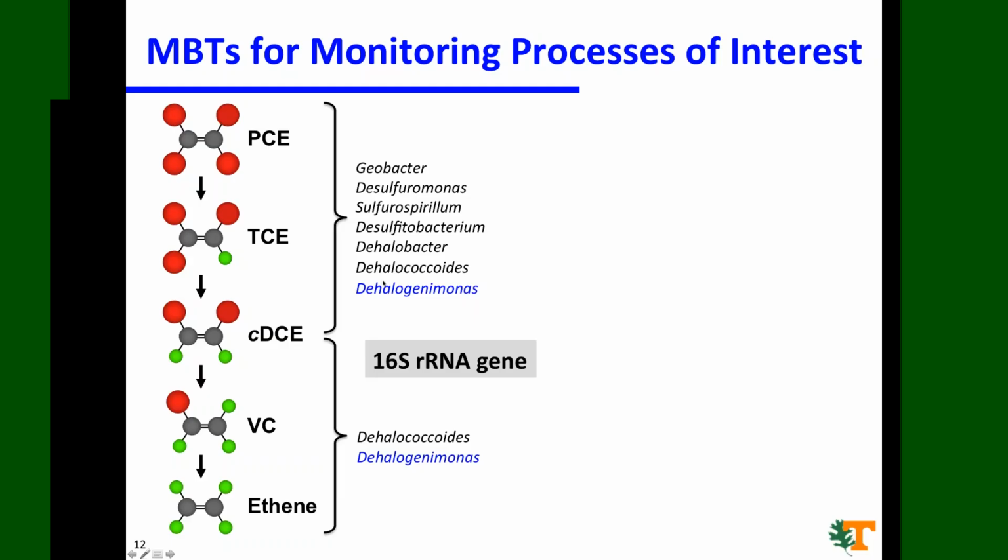We have now also found that organisms that belong to the genus Dehalogenimonas can degrade cis-DCE and vinyl chloride to ethene. So the common belief to date that this final dechlorination step is limited to Dehalococcoides should be revised. There are other organisms in a different genus that have the same capability.